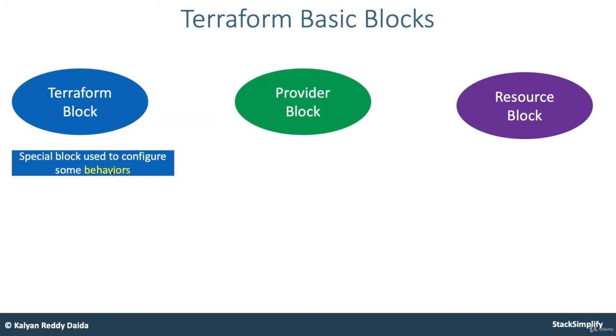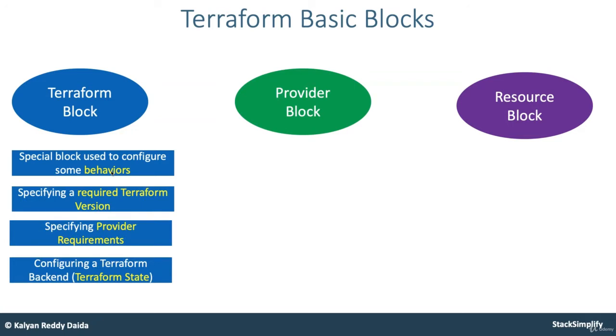Okay, so the Terraform block was recently introduced, from 0.13 and 0.14 onwards, and it is a special block used to configure some behaviors of Terraform. Primarily, the required version of Terraform is something you can define inside this block. In the same way, the provider requirements, what type of providers are required and their versions, you can also define inside this Terraform block.